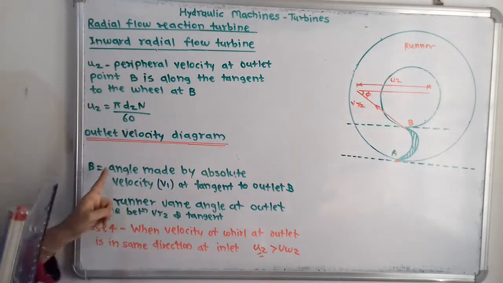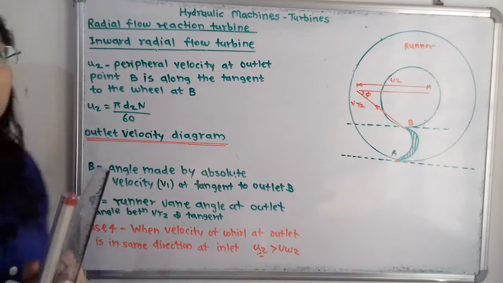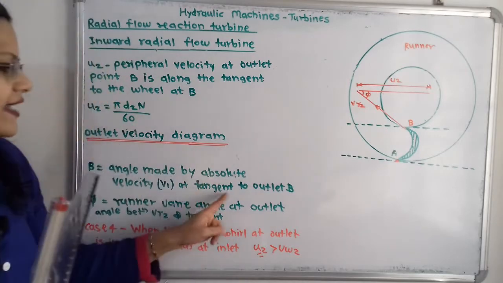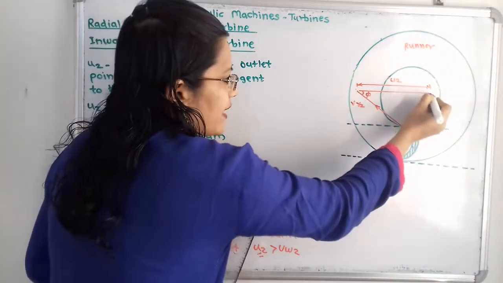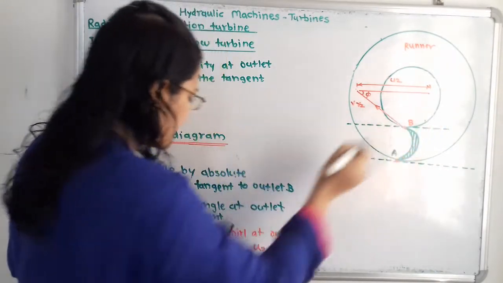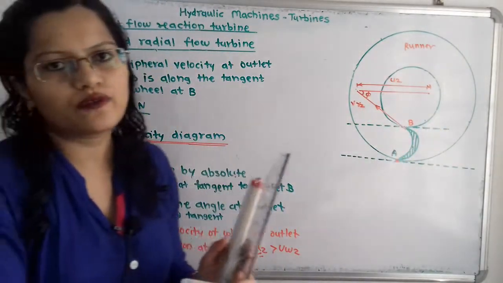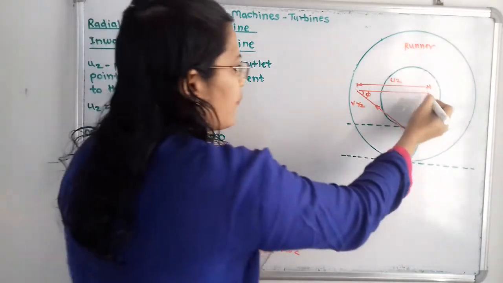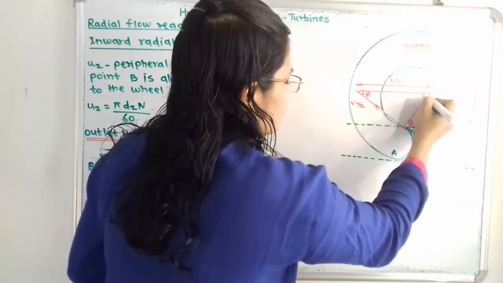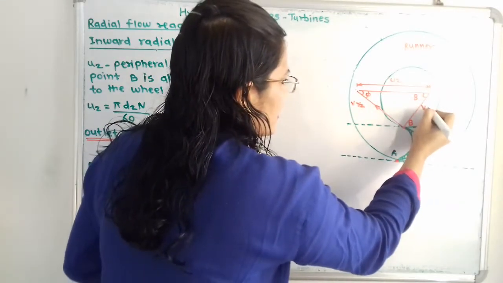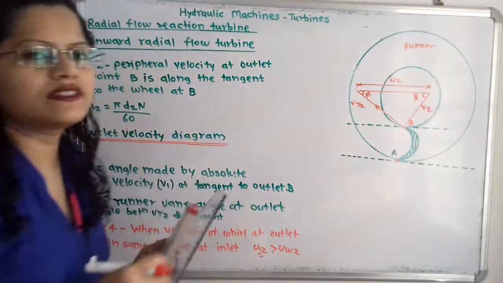Angle beta is the angle made by absolute velocity at the tangent to outlet B. So this is the tangent line, and at this tangent, angle beta is the angle made by absolute velocity. With the help of angle beta, I will draw one absolute velocity line. This is the angle beta, and here the absolute velocity I will say V2.